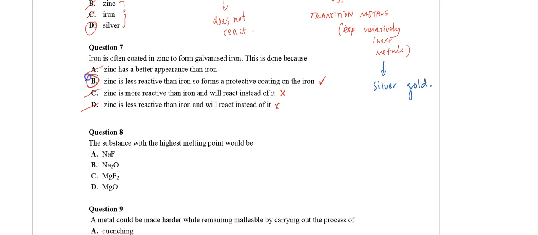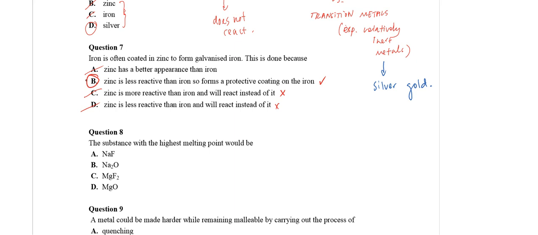So this is one of the questions where you can probably work out by deduction. But I think this is also another knowledge-y question. If you read through the textbook, you read that one of the case studies for coating metals is the coating of iron with zinc.